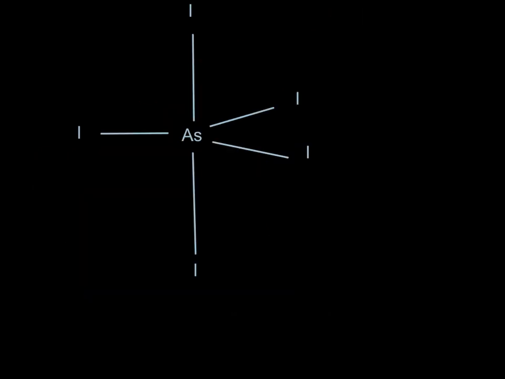Now here we have the contour diagram. So we'll have the hybrid orbital, the sp3d right here. And we don't have any lone pairs.